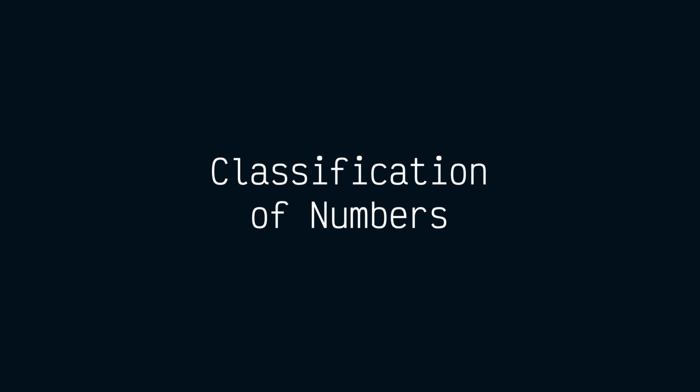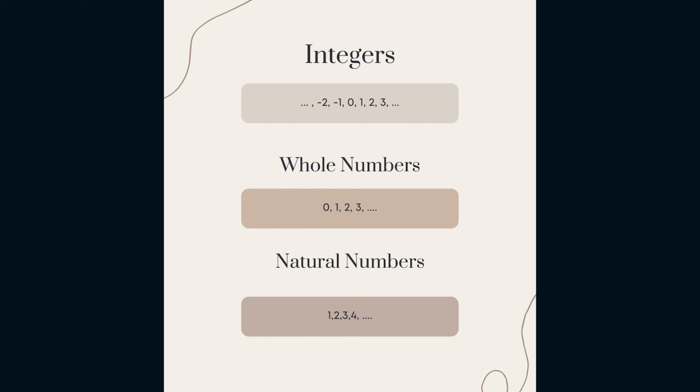First of all, let me show you some classification of numbers. It will be helpful for JavaScript interview exercises. First, we have integers, numbers that can be represented without a fractional part. These values, both positive and negative, including 0, come under integers. Then we have whole numbers, starting from 0, 1, 2, 3, 4, and so on.